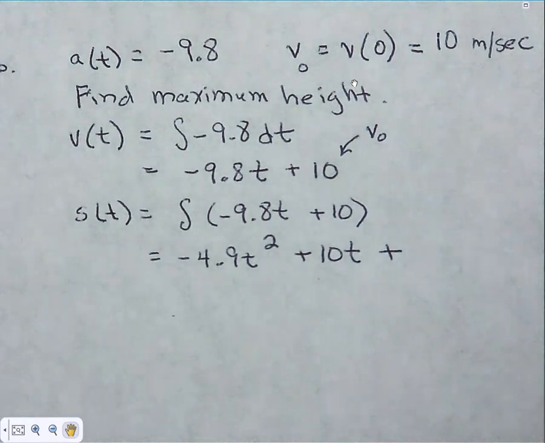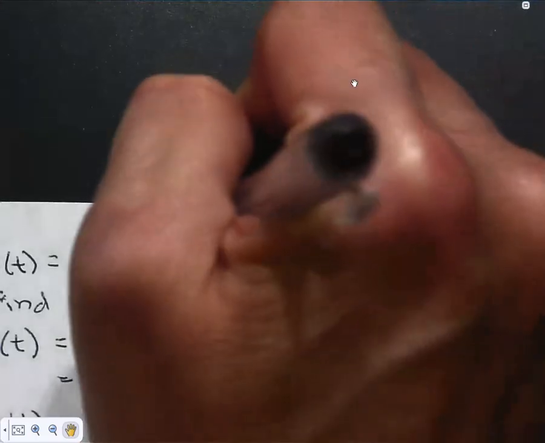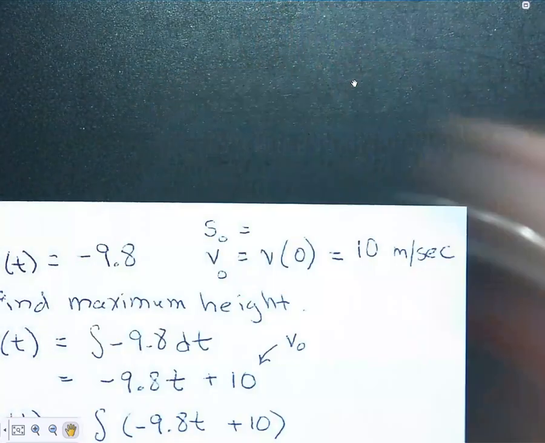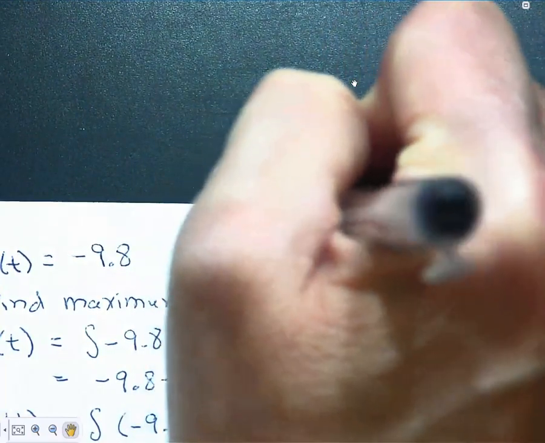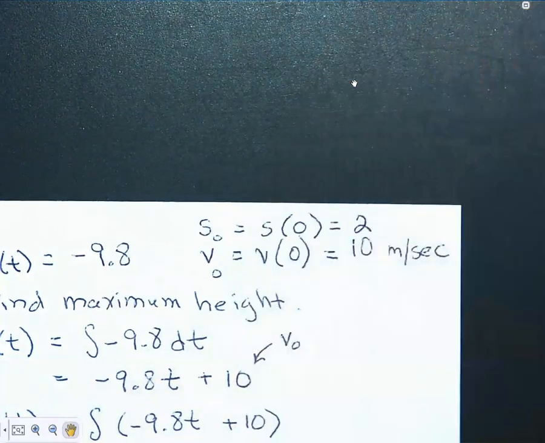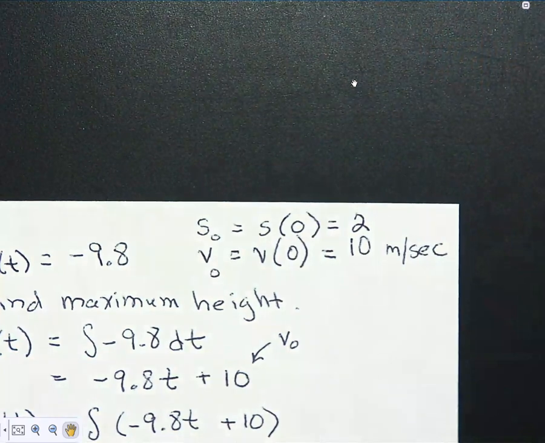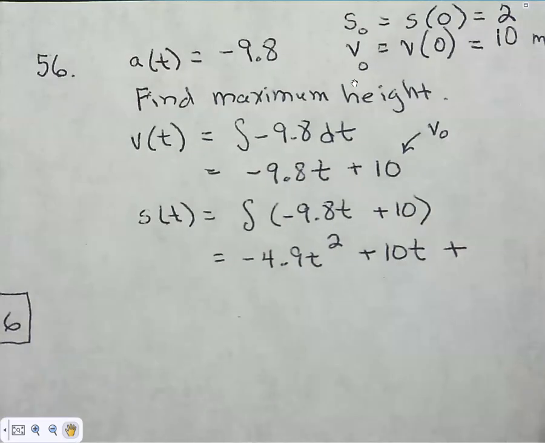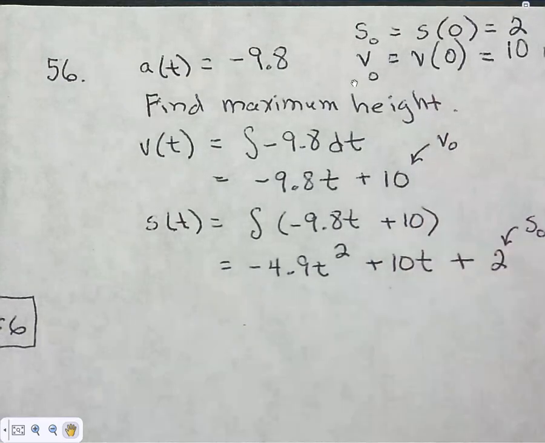Ooh, it's thrown upwards from a height of 2 meters. I didn't even write that down up here. So S of 0, the position function at 0, is 2 meters. That's my S of 0 on the end.